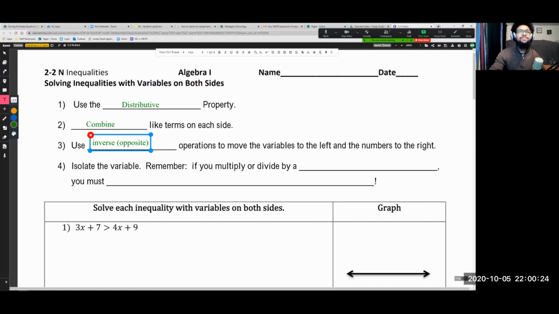So after we isolate our variable, that's going to be our fourth step. It's going to be to isolate the variable. But remember that if you multiply or divide across the inequality, to both sides of the inequality, with a negative number, then you must switch the inequality symbol.